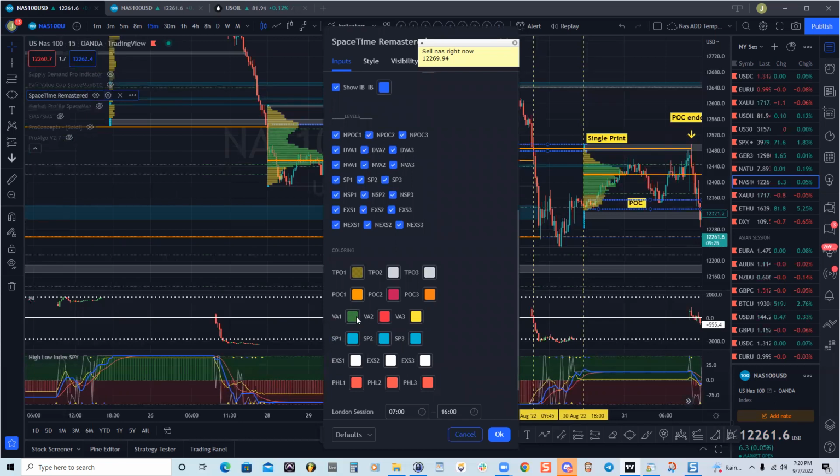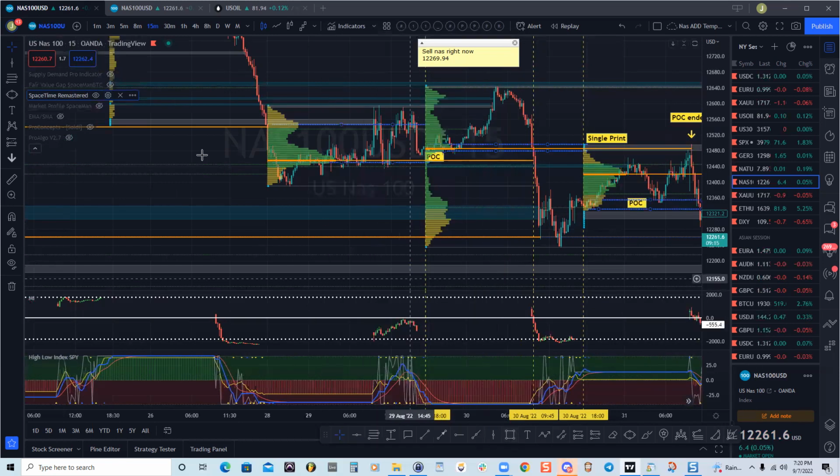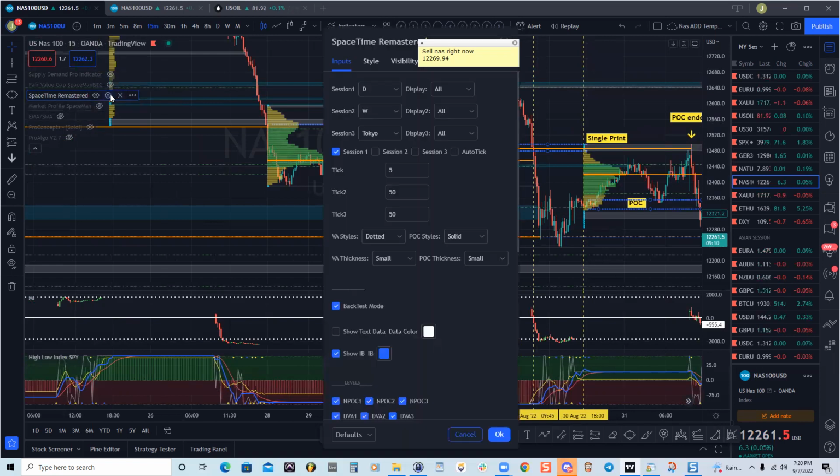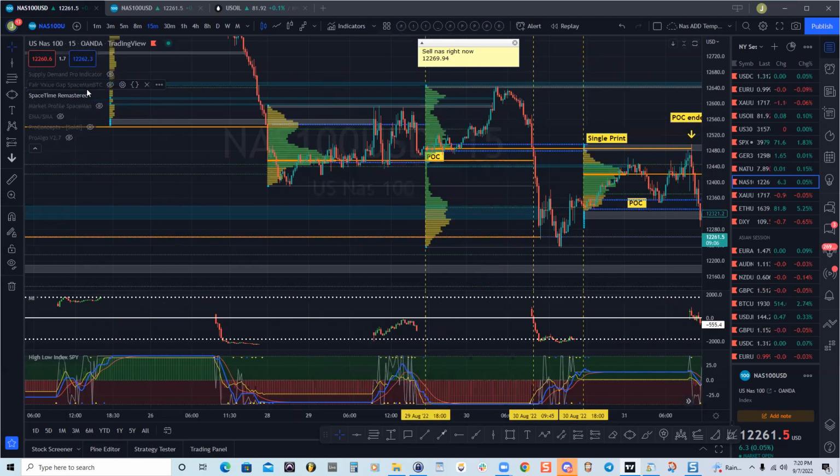Okay. Anybody know what a VA is? Value area 1, 2, and 3. Okay, so these are single prints. Maybe you don't have that section 1, 2, and 3 though. I don't think you have that.